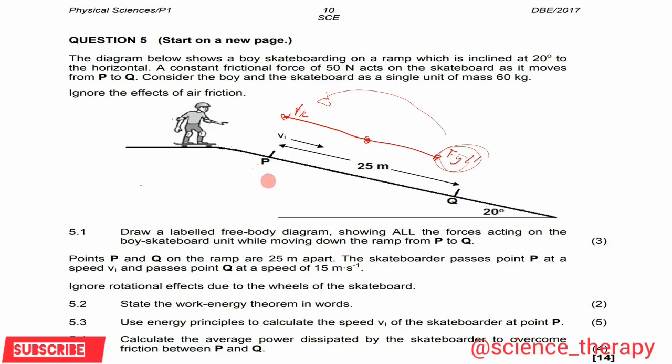So in order to overcome friction, the skateboarder will have to exert the same force, which will be equal to this 50 newtons. So it will have to exert a force that is equal to the frictional force.